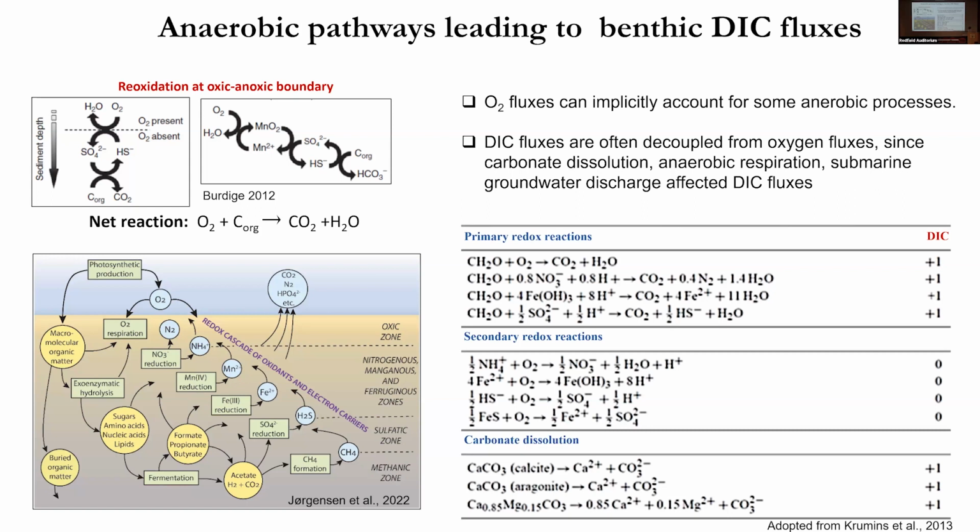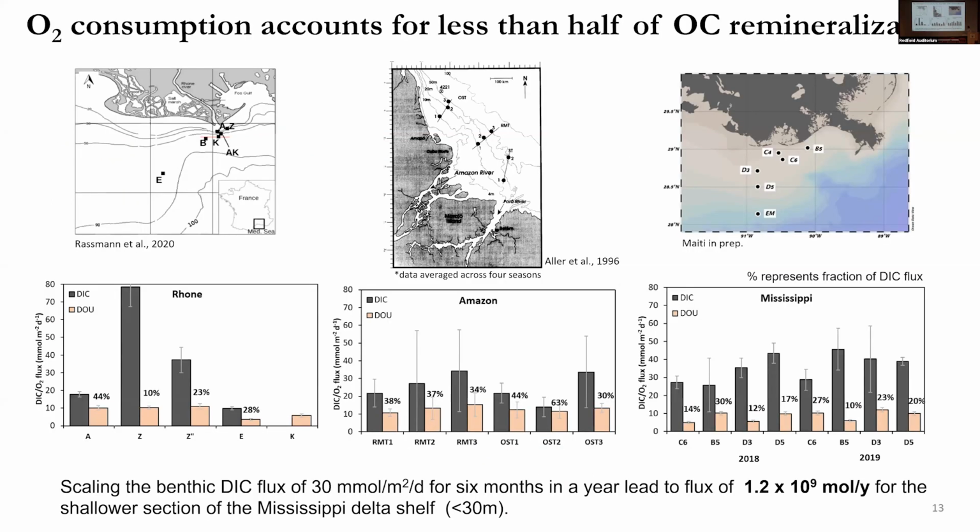One caveat there, if the sediments have a lot of calcium carbonate, that can also produce DIC, so we have to be careful to take that out. But most of the deltaic systems don't have that much carbonate, so we can look at that as a direct proxy.